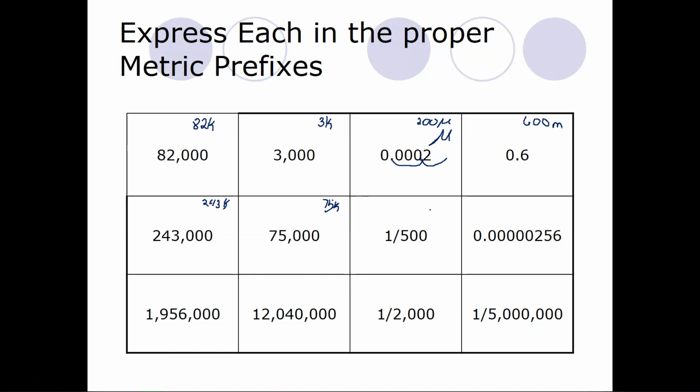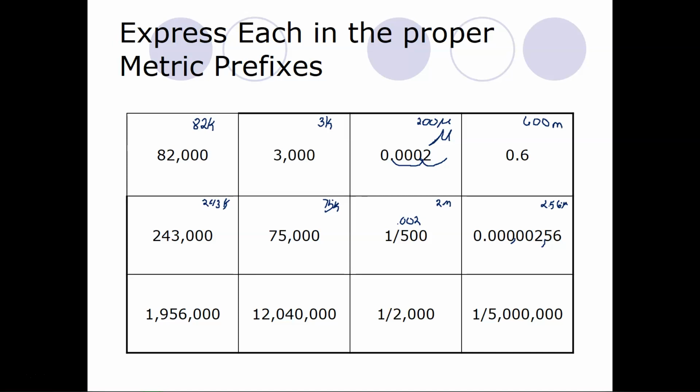So this one, the decimal format is 0.002, which would have given you 2 milli. Breaking this up, I move my decimal point 3 places, which would be milli. But I don't have a number in front of it. I move it another 3 places, so it should be 2.56 micro.